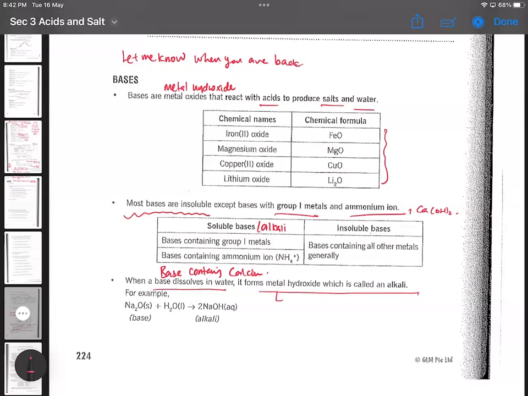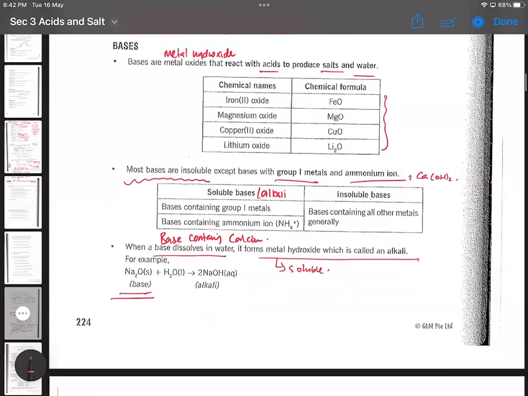And of course, this metal hydroxide is soluble. Okay, you can see that every time we say that something is soluble, we put an AQ. So for example, sodium chloride is soluble in water. So we put AQ over here. So this is actually correct.